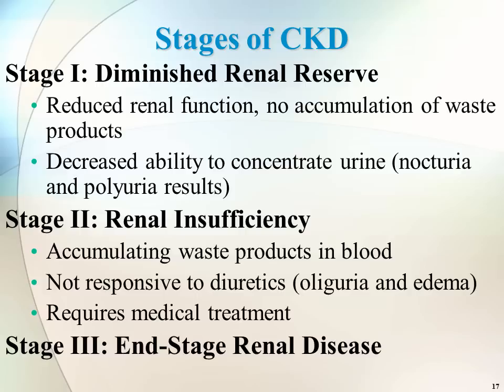The stages. Diminished renal reserve. Stage 1. That means that you have some decrease in renal function, but you're not accumulating any nitrogenous waste in your blood yet. In this stage, many times it's manifested as nocturia. They call it recumbent nocturia.